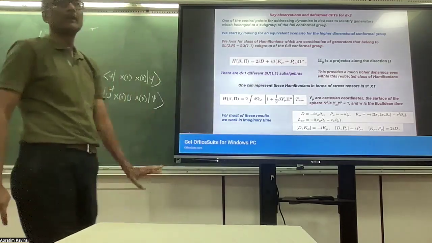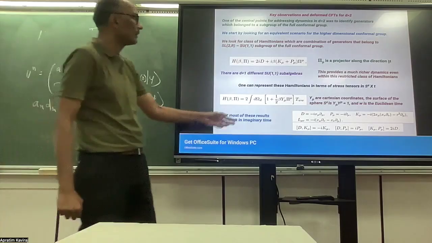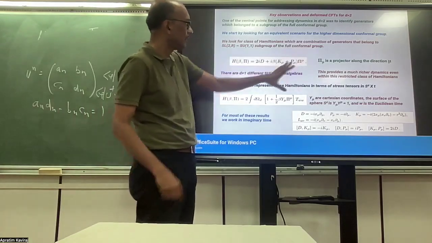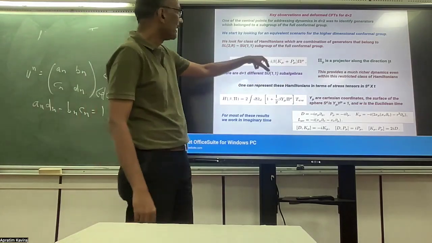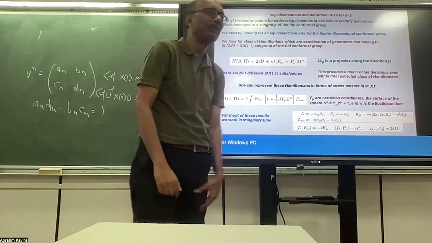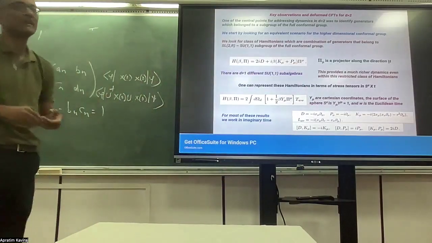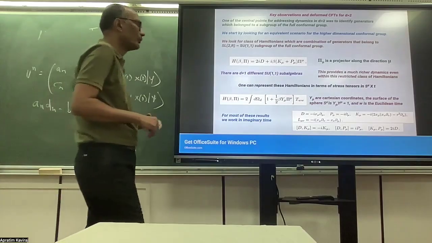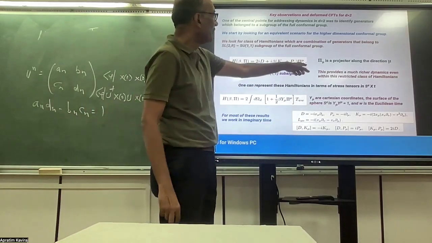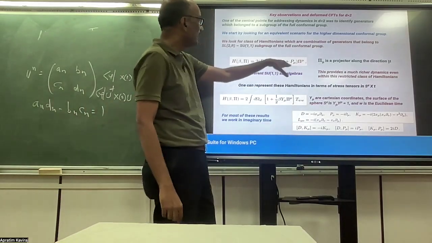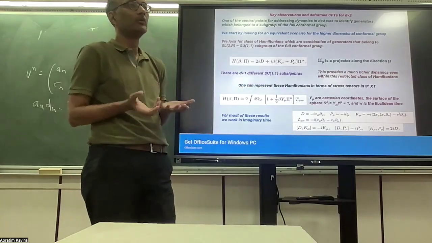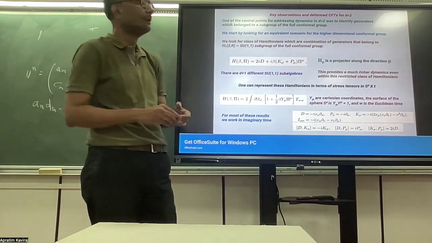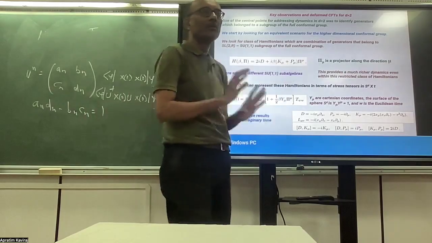In terms of these, you can write down Hamiltonians, and the Hamiltonian that we try to work with are the ones where D and K and P, which are the analogs of L0, L1 and L minus 1, are superposed. And this projector Pi mu is there because now I have essentially different mu's. Mu can go to 0, 1, 2, 3, whatever. This projector just determines which mu I am using.